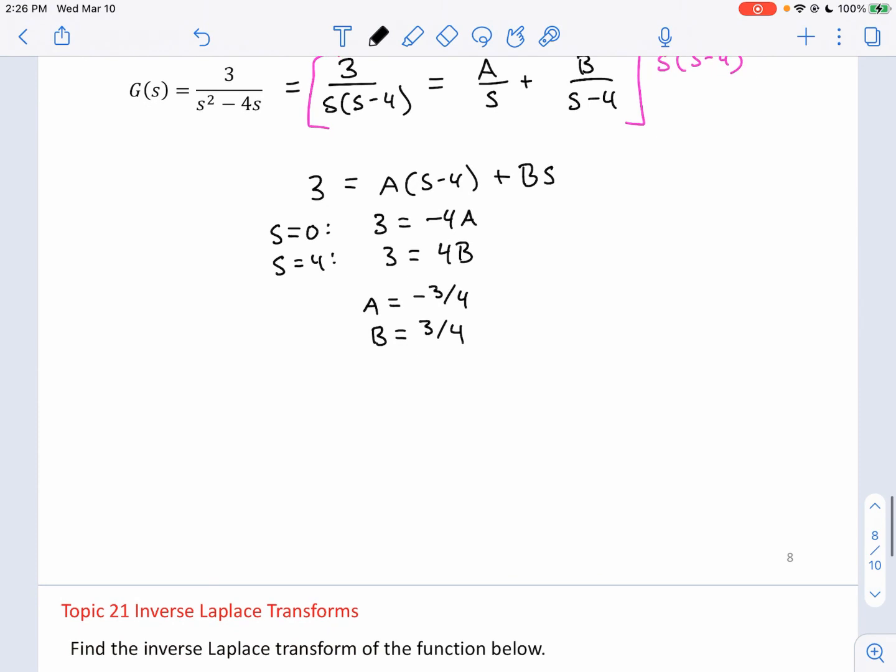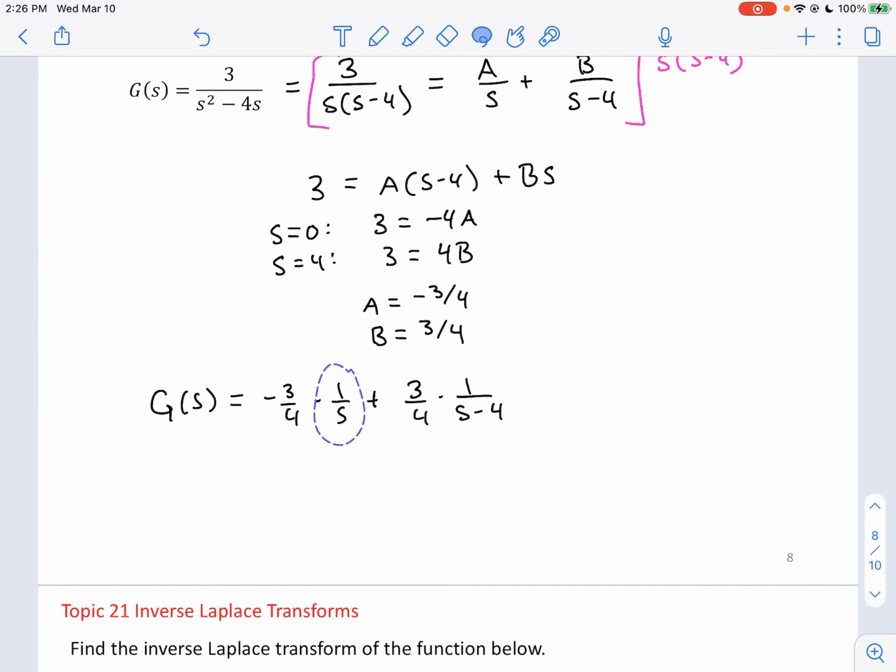So now I can rewrite my g function. G of s is equal to, and we have a over s, so negative 3/4 times 1 over s, plus b, which is 3/4 times 1 over s minus 4.